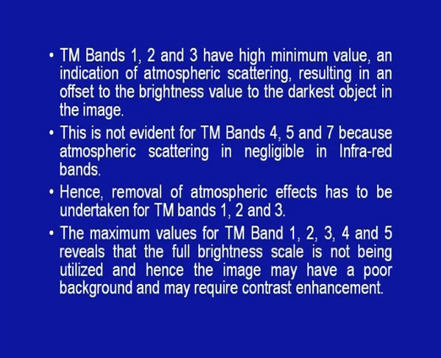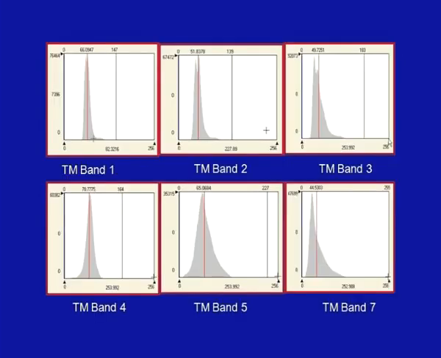The maximum values of TM bands 1, 2, 3, 4 and 5 reveal that the full brightness scale is not being utilized and hence the image may have a poor background and may require contrast enhancement. Now we look at the histogram of all the 6 bands that we have.